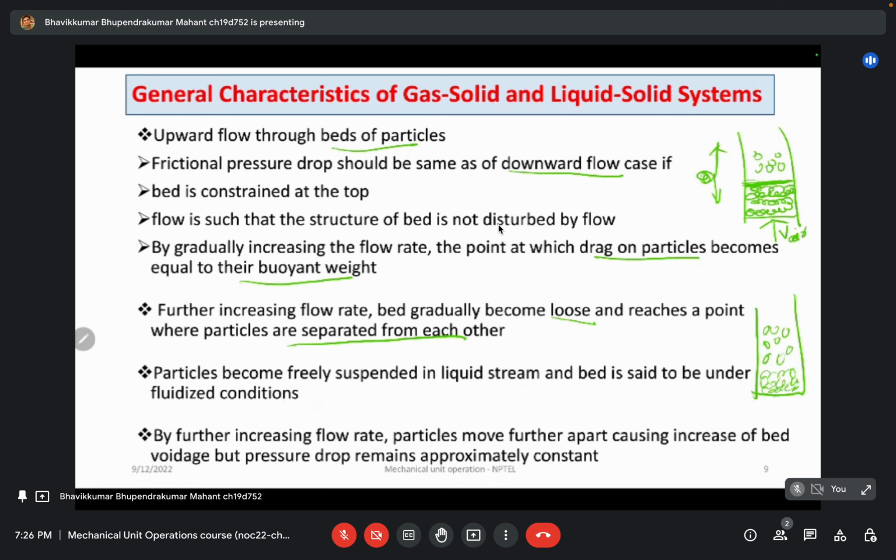If you increase further and everything is in the fluidized mode, then there will be no further increase in pressure drop. The pressure drop will be almost constant, because the whole bed is floating, so a constant pressure drop is applied throughout.